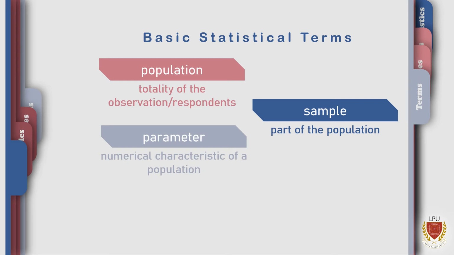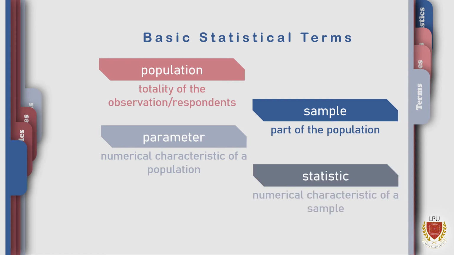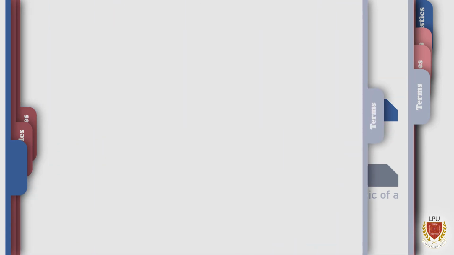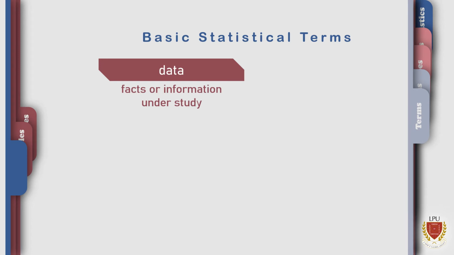Other terms are parameter, which is a numerical characteristic of a population. Statistic, which is a numerical characteristic of a sample. Data. These are a set of facts or information under study.